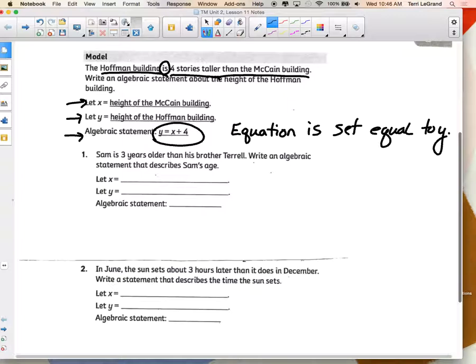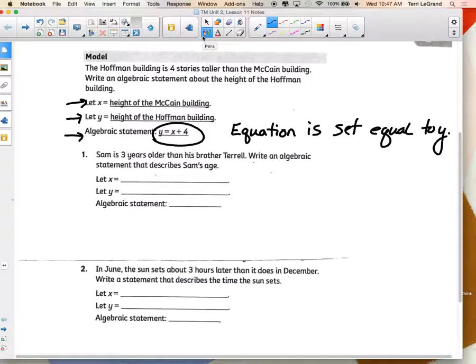And let's figure out why did they choose to let y be the variable it was set equal to. Well, here's the reason why they set it equal to y.